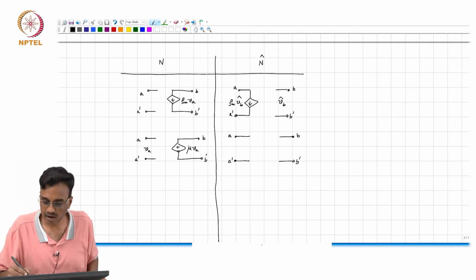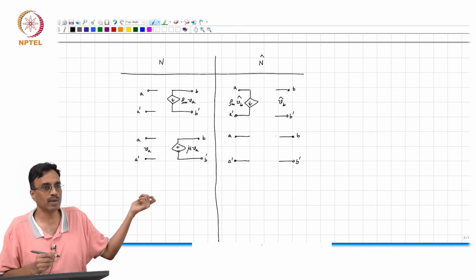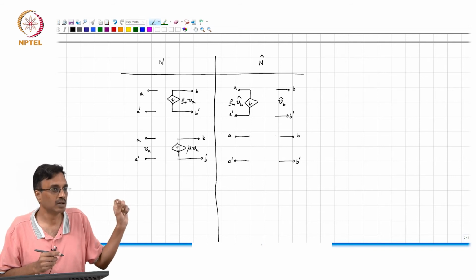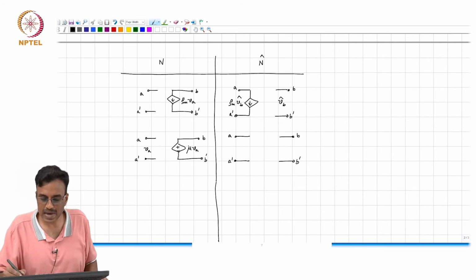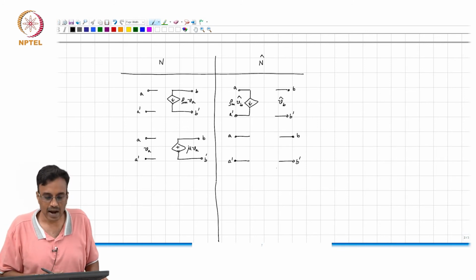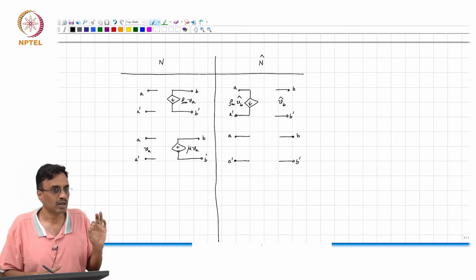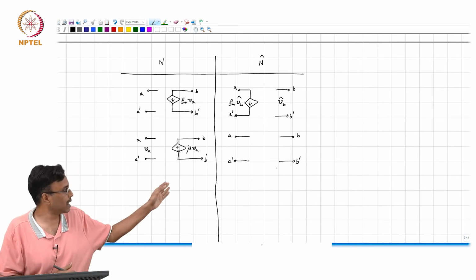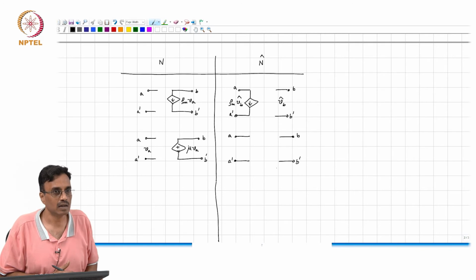So, remember, the controlled and the controlling ports must be interchanged. So, B prime must be the controlling port, and remember, another aspect is that if mu is 0, you want the port impedances to all be the same. So, if mu is 0 between B and B prime in N, what comment can we make about the impedance we have? It is a short circuit.